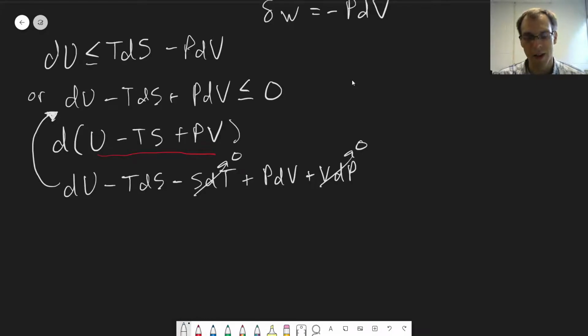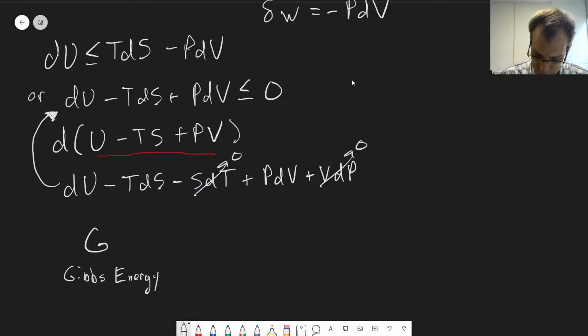This is another case where we have something composed entirely of state functions, so the result is also a state function. And this is what we're going to define as the Gibbs energy, G.